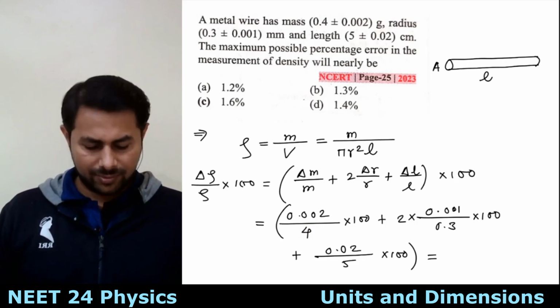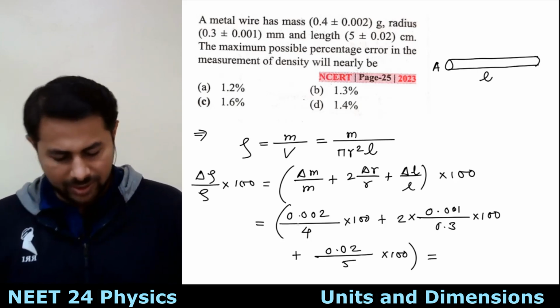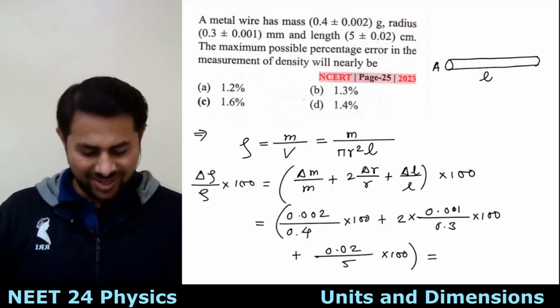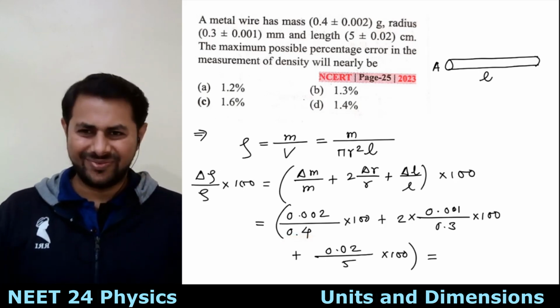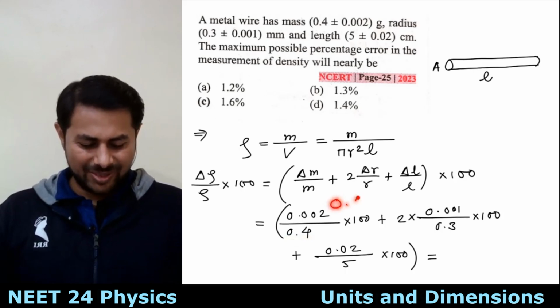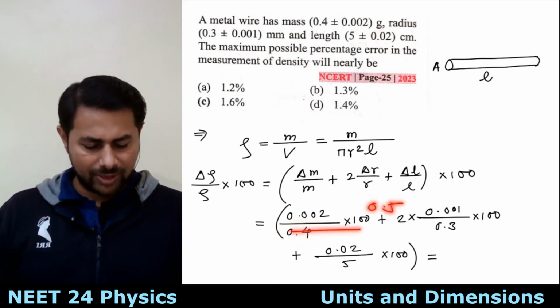Okay, denominator is 0.4. Right. All right, this is 0.4. So then it will be 0.2 divided by 0.4. That means 2 by 4. So it's 0.5. First one is 0.5.